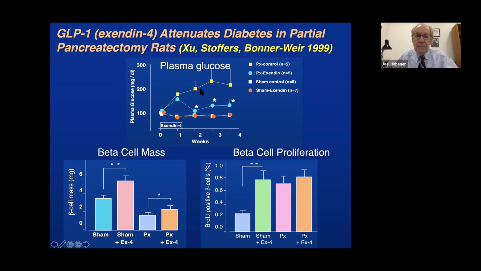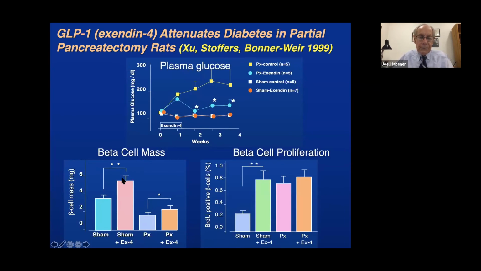And the administration of the exendin 4 GLP-1 agonist lowers the glucose. So it's a partial cure of the diabetes. And the sham surgery animals have no elevation of glucose.